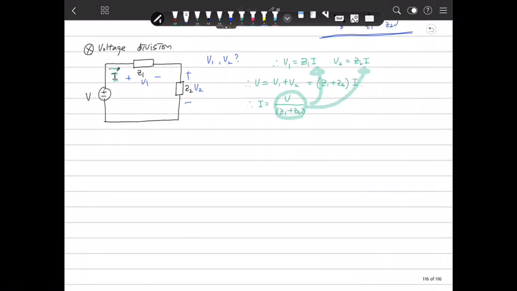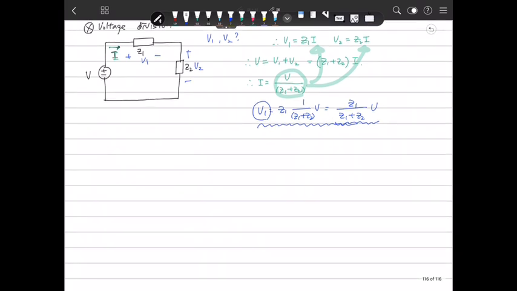If we got it, V1 is G1 over G1 plus G2 times V. What's that? So voltage division. The voltage is divided by the impedances G1 and G2. So we can use the voltage division here. In the same way, we can do the current division.